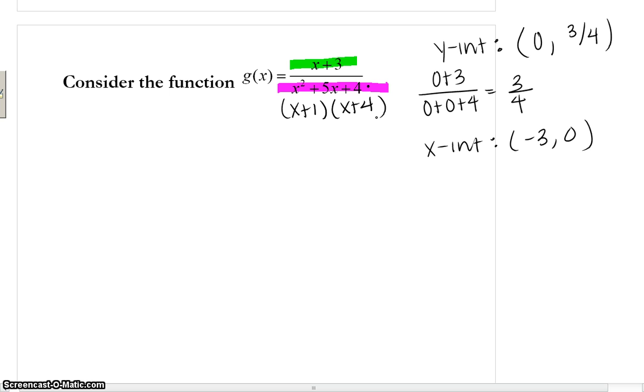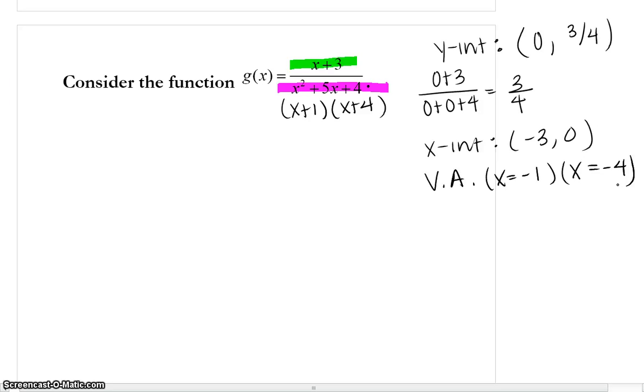Okay, so we get this. So our vertical asymptotes are going to be at x is equal to -1 and at x is equal to -4.